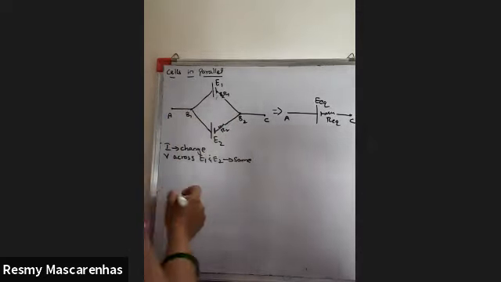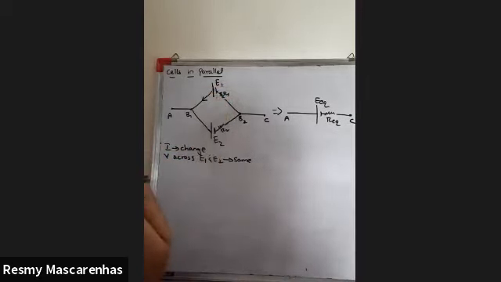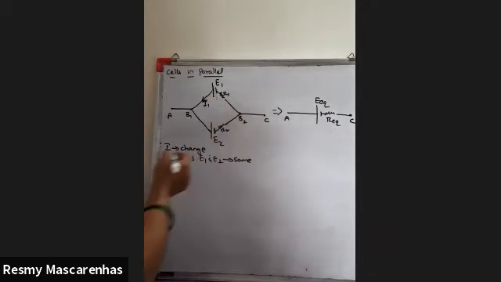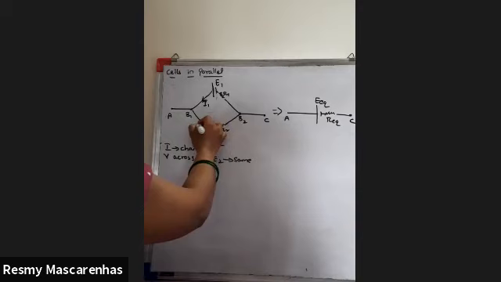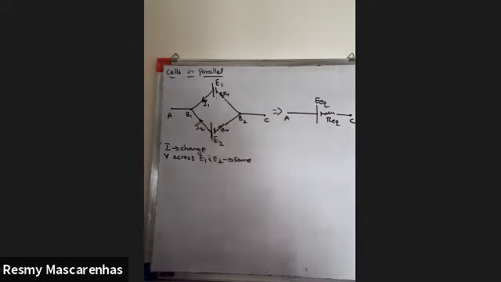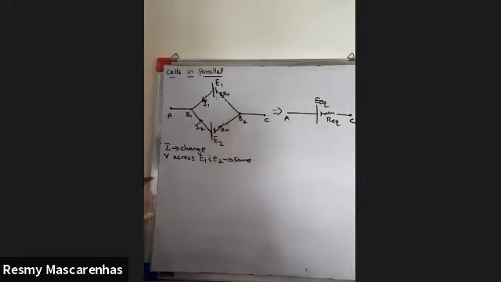Let us see what is the current. Now you can see from the positive terminal current starts flowing. So from E1 I'll mark the current as I1. From the positive terminal of E2 the current starts flowing, so I'll mark it as I2. Now, I have not shown that the circuit is connected somewhere.